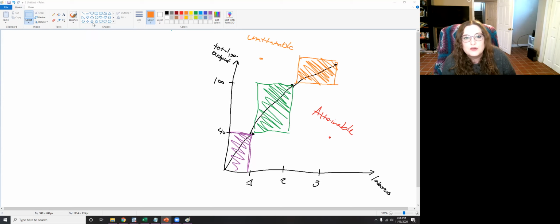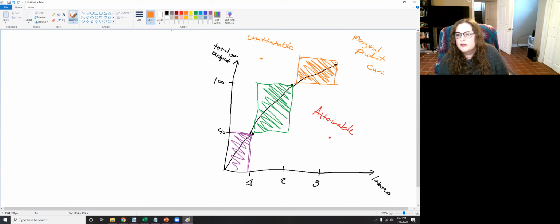So here, I'm going to show you something real cool. Or well, here, maybe, let me first put this up here. Marginal product of labor, or, well, no, let's just go ahead and call it marginal product curve so I don't confuse anyone. Marginal product curve.